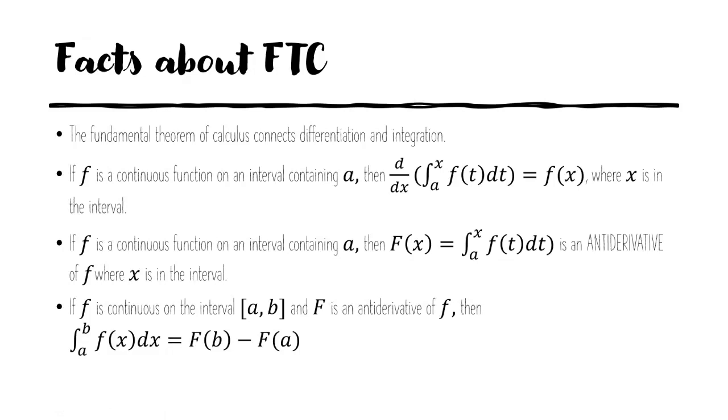And then we have our rule that says if you integrate a to b of f of x dx, then you get capital F of b minus capital F of a.